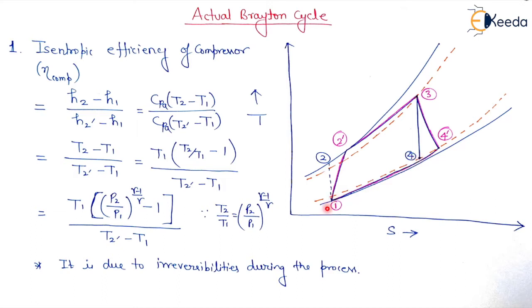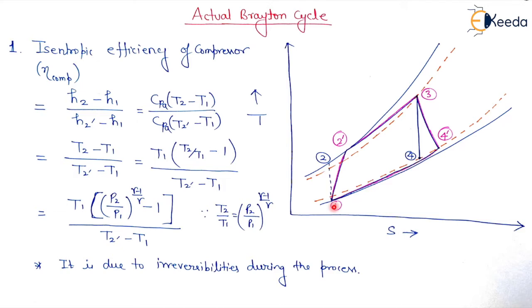First, we will see process 1 to 2. Process 1 to 2 is a reversible adiabatic process or isentropic process, that is compression. So 1 to 2 is an isentropic compression process, that is the ideal process.